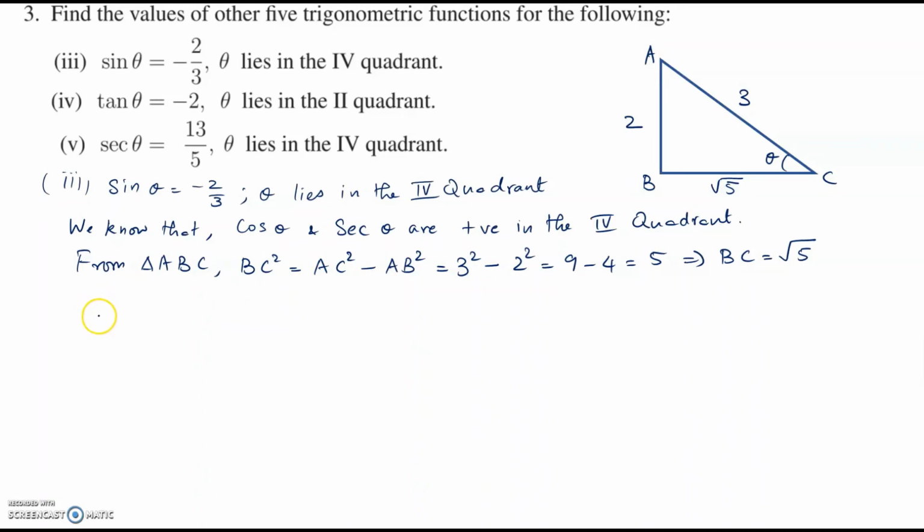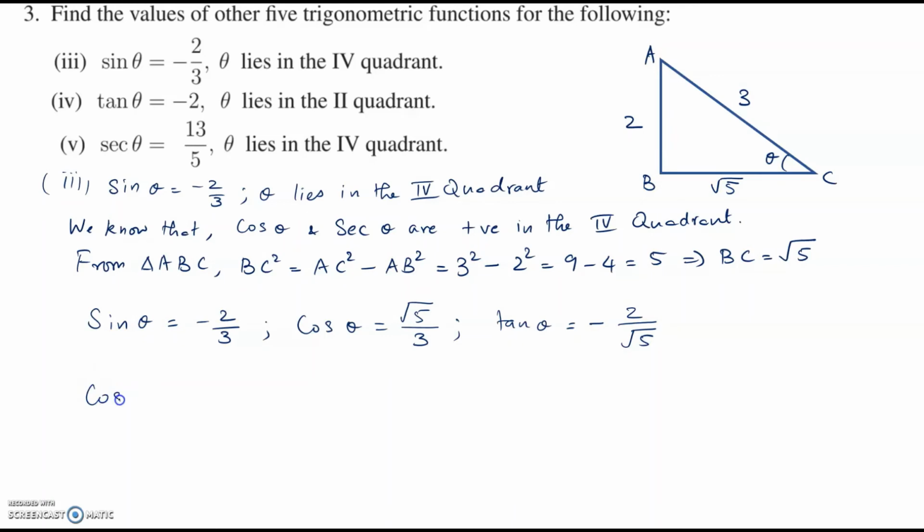Now let's find our trigonometric functions. So given sine theta is equal to -2/3. Now our cos theta would be positive in the fourth quadrant, so that would be equal to adjacent side, which is root 5 over 3. Then our tan theta would be negative in the fourth quadrant, so it would be minus opposite side by adjacent side, so -2/root 5.